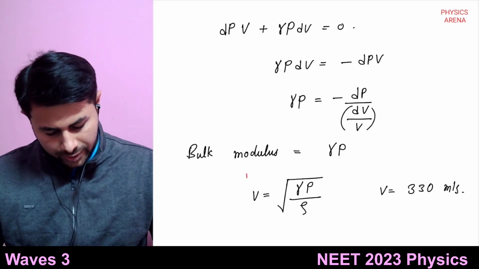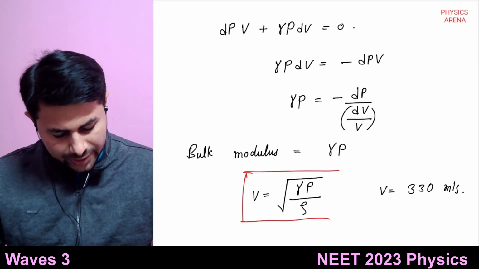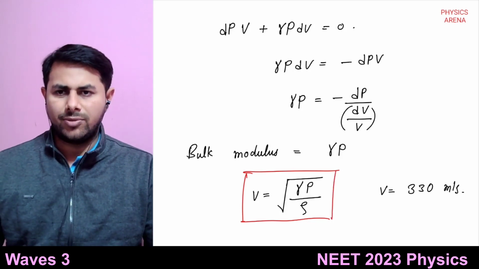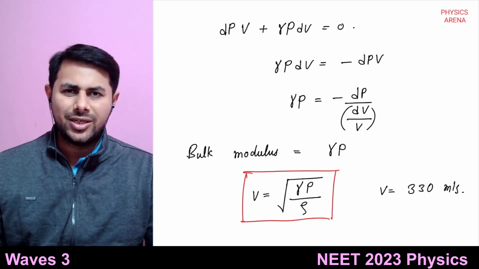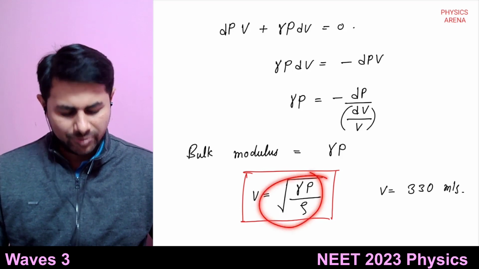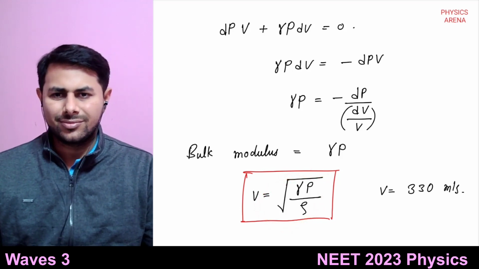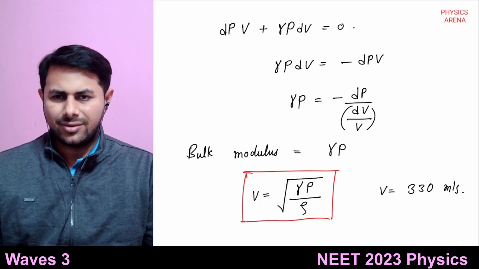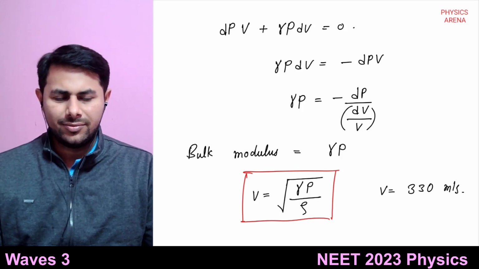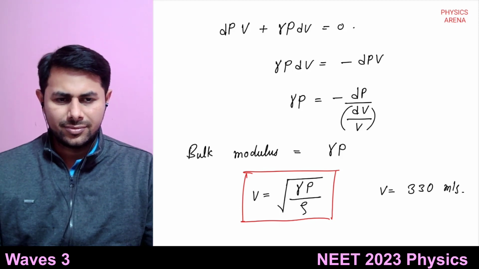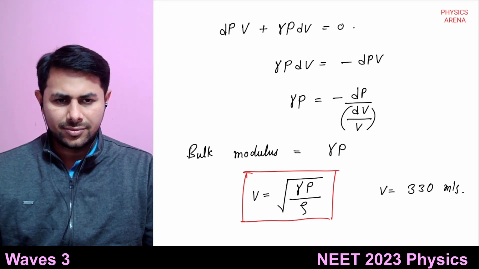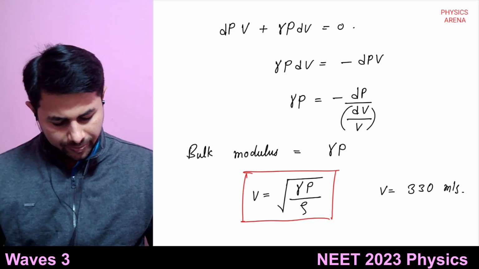This is Laplace's correction to Newton's formula. So we need to remember this formula, not Newton's formula. Is it clear? If there is any doubt, you can ask me. All right, good.